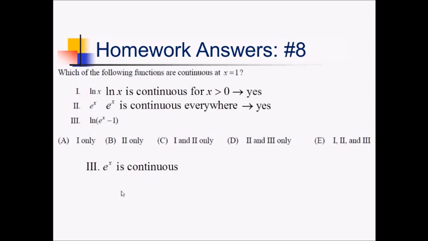So if I subtract 1 from that, I get a positive number. This means that ln of x, which can handle positive numbers, must be continuous at x equals 1. So this is a yes as well. So choice E then, options 1, 2, and 3.